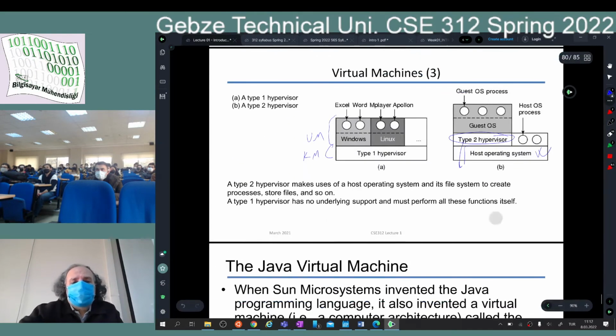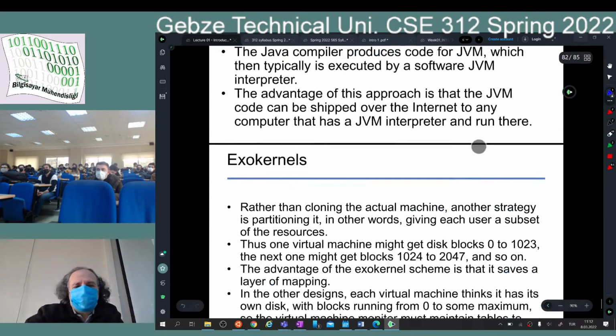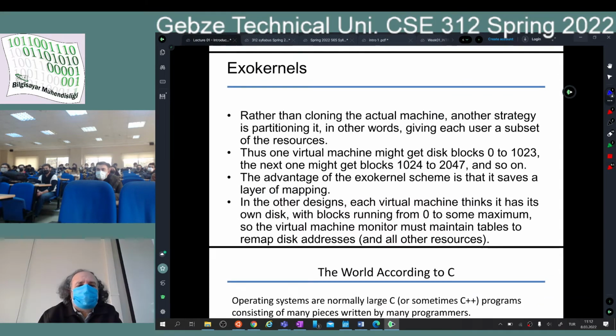Okay, good. Let's move on. I'm not going to talk about Java Virtual Machine. Java Virtual Machine is something similar to those, but you already know that. Exokernel is another type of operating system structuring, and they try to address this sharing of resources between many different operating systems, and they made this sharing a lot easier.